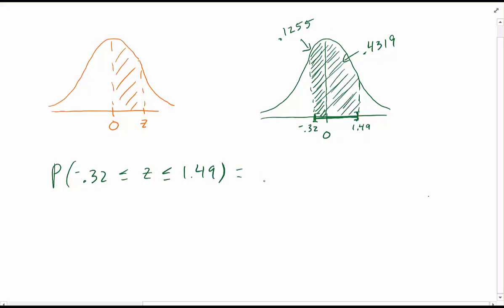And then my probability, I would just add the two parts together to get the total area, or the total probability. So that's equal to 0.5574, or 55.7%.